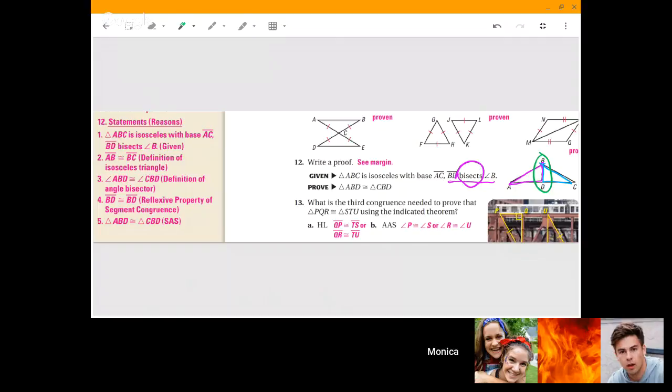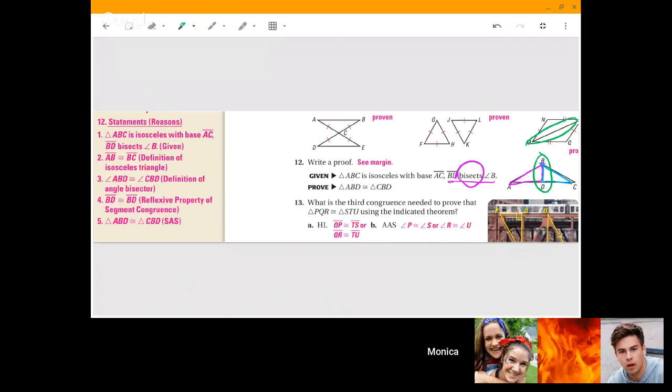Here, let me ask you about this up here. What about this side here that's shared between those triangles? Yeah, it's the reflexive property. So it's congruent to itself because of the reflexive property. So we would say BD is congruent to BD because of the reflexive property.